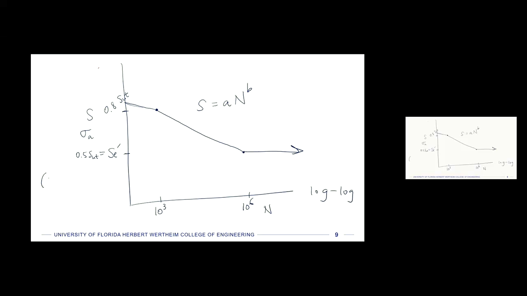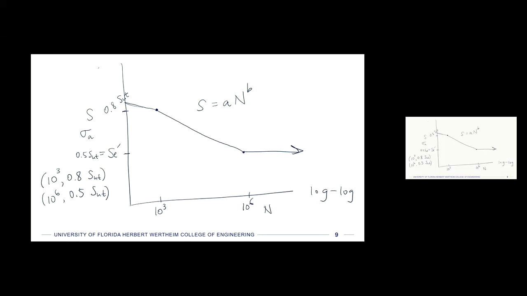Our first point is the x-axis is 10 to the third, and the corresponding point is 0.8 times SUT. And then we have the other point, 10 to the 6, and 0.5 SUT. So if we have 2 points, and we have an equation with 2 unknowns, A and B, then we can solve for A and B.